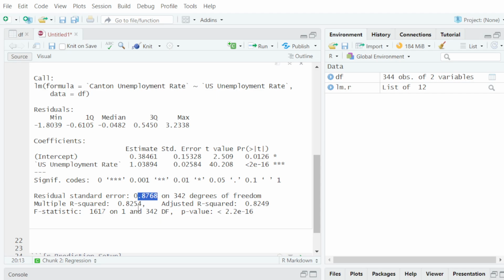Okay. The next thing would be the r squared, which here it reports two. One is the multiple r squared, which is just a basic measure of how well a straight line actually describes the data. I'll get in more detail here in a second. The difference between multiple r squared and adjusted r squared is that adjusted r squared penalizes you for adding x variables.